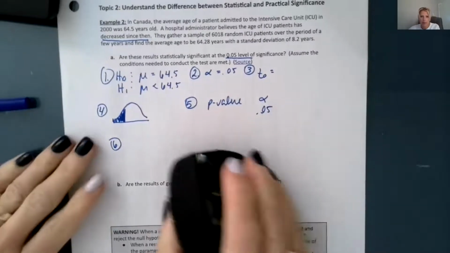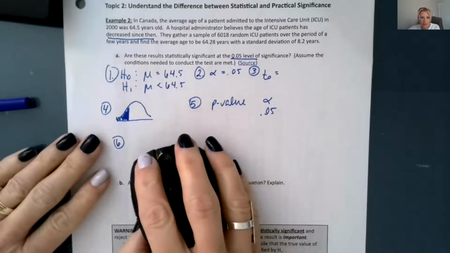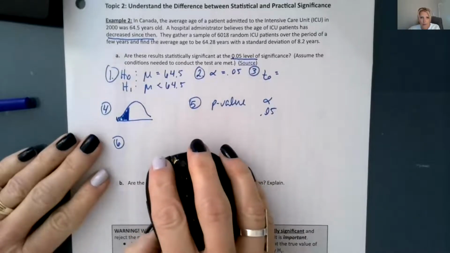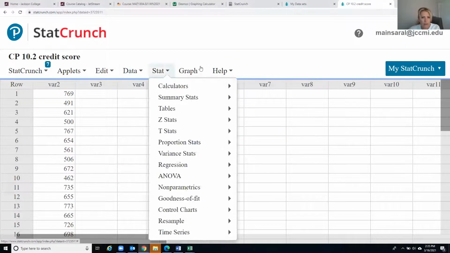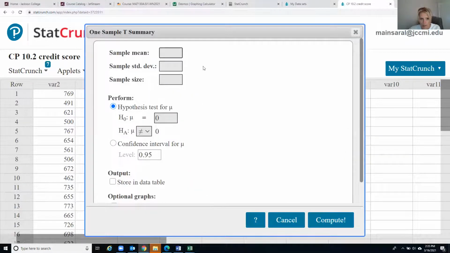So let's hop back over to StatCrunch here. This time we're going to go to T Stats, One Sample, with summary. So we're not using the data that we have here. We're just using our sample mean for the age of these patients, 64.28.